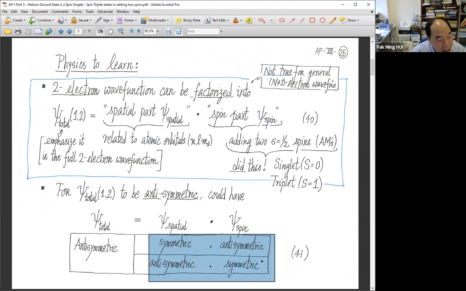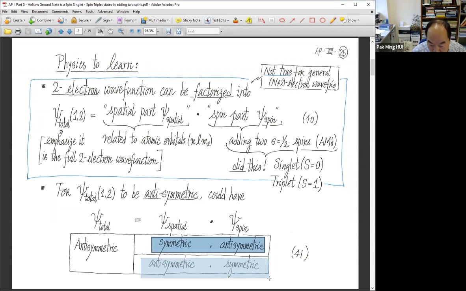So in the excited state, we will see that indeed we have these two possibilities, and we have to check whether possibility number 1 or possibility number 2 has a lower energy. That is to say, which one is the first excited state?